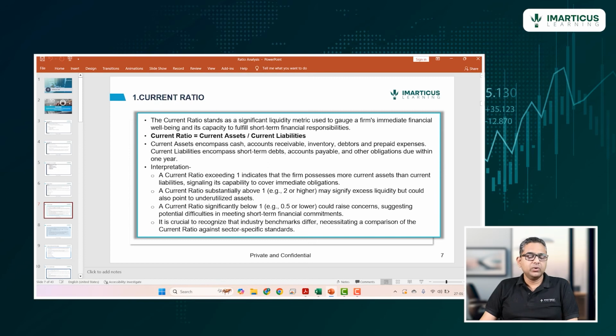But if you look at some other industry which is lower on current assets, which has a lot of payables, for example, metal mining or airline industries, the current ratio could be lower, and that is how that set of companies operates.